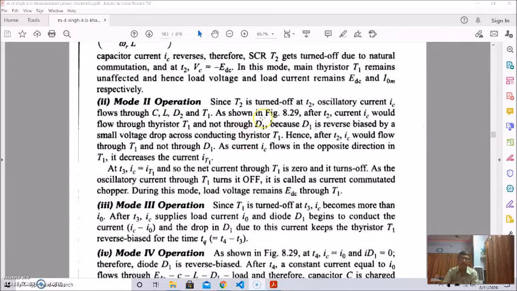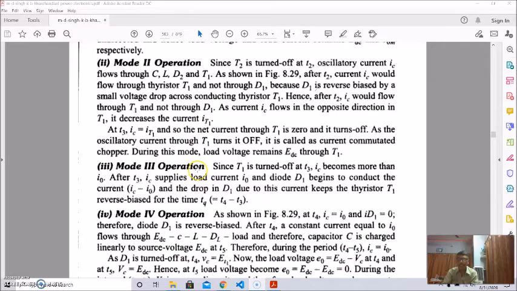After T2, current IC would flow through T1 and not through D1, because D1 is reverse biased by the small voltage drop of the conducting thyristor T1. Hence, after T2, this capacitor current IC would flow through T1 and not through D1. As current IC flows in the opposite direction in T1, it decreases the current of thyristor 1, IT1.